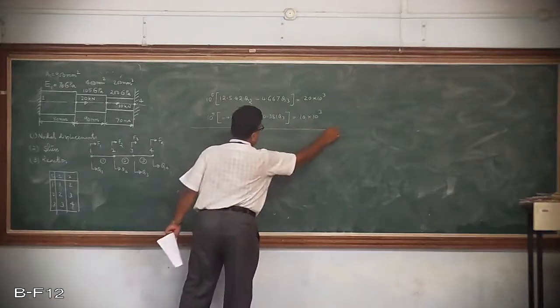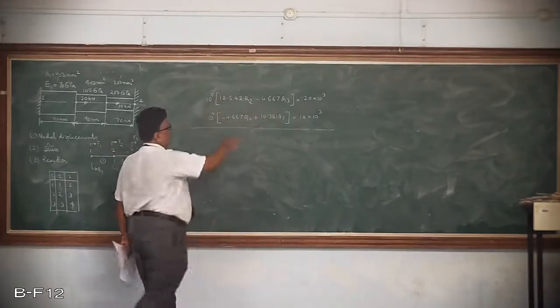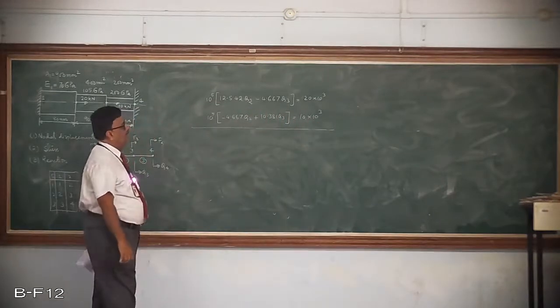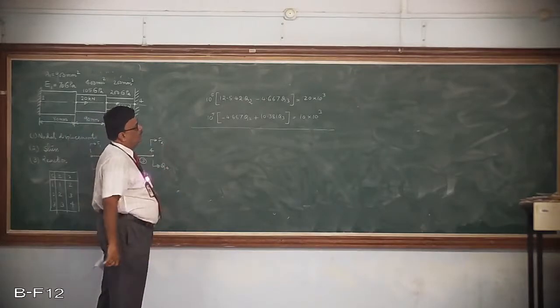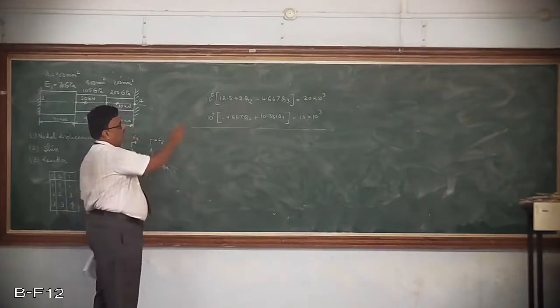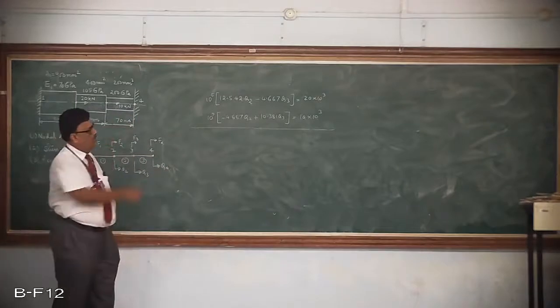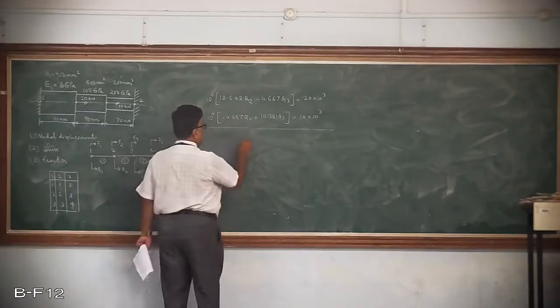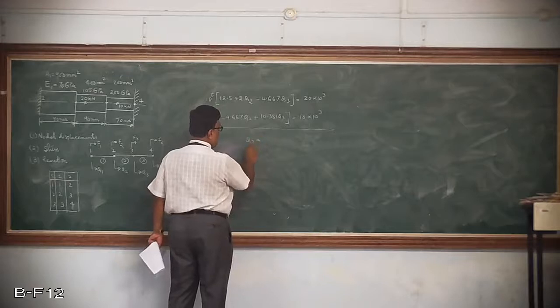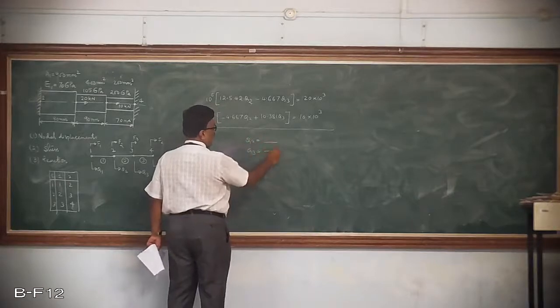For example, you can take this 10 raised to 5 to the right hand side. That will become 20 into 10 raised to minus 2, and similarly you will get again 10 raised to minus 2. Once you solve this simultaneous equation, you will get the answers for Q2 and Q3.